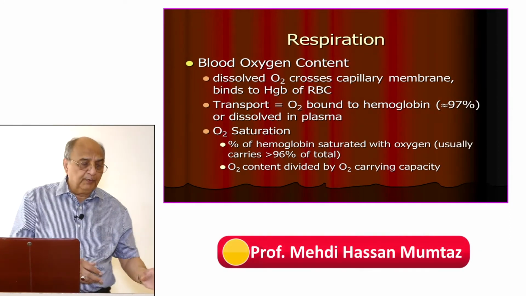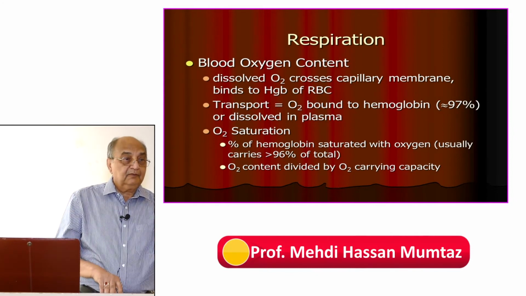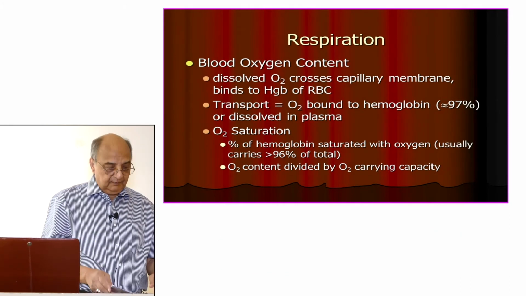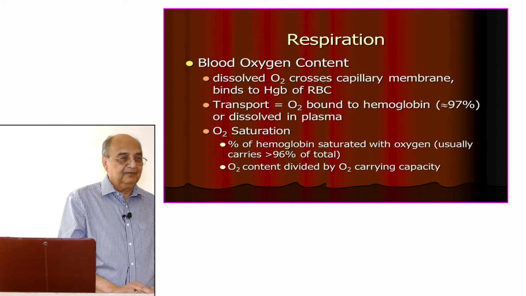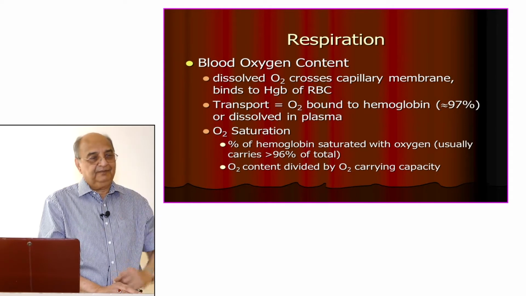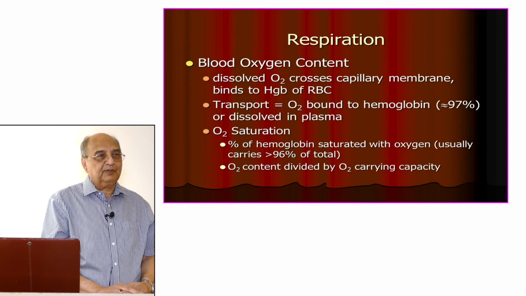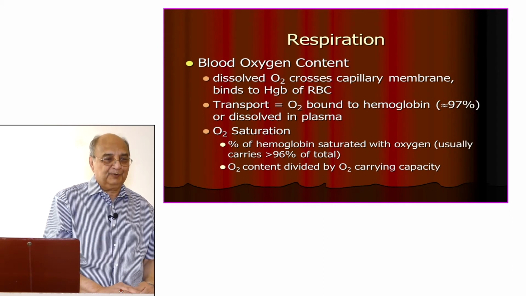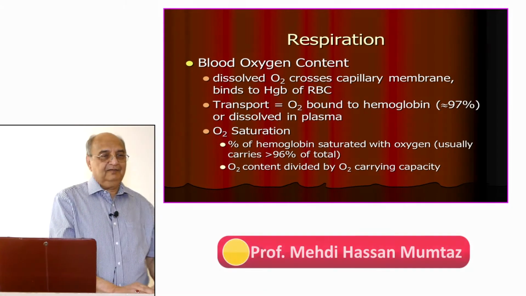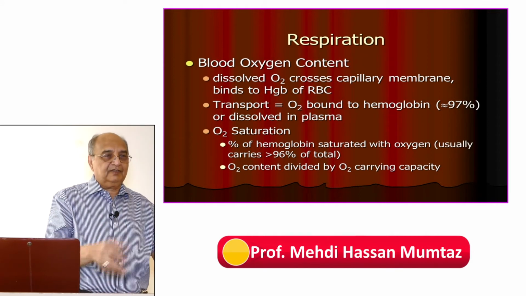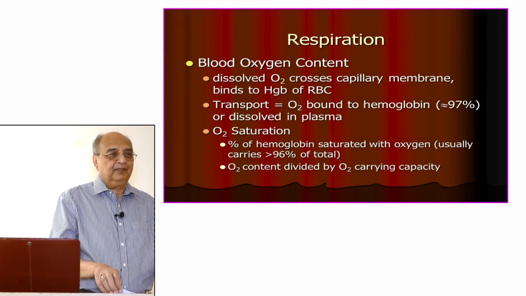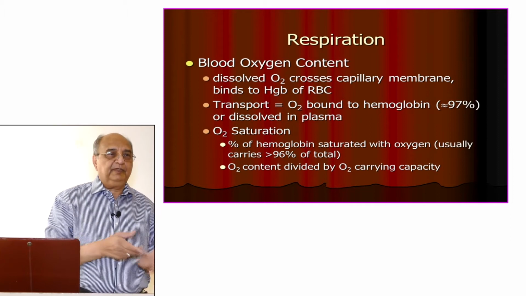Now what happens in the newborn? In the newborn, PO2 is around 60-65. You don't look for that, you look at the saturation of the baby. Why is it less? Then the second question arises. Number 1, the surface area of the baby.